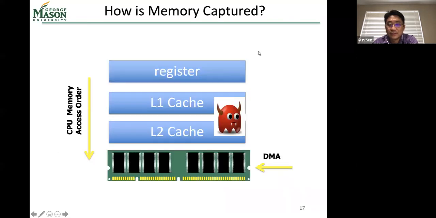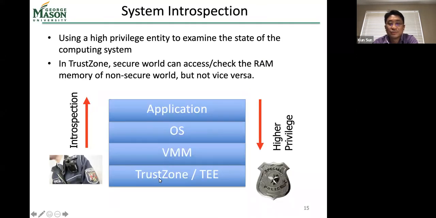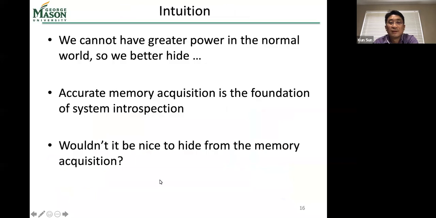But TrustZone can still be trusted. We don't have higher privilege, right? We cannot compromise this TrustZone. Also, we consider that system introspection relies on acquiring and analyzing memory to see if there's any suspicious activity.